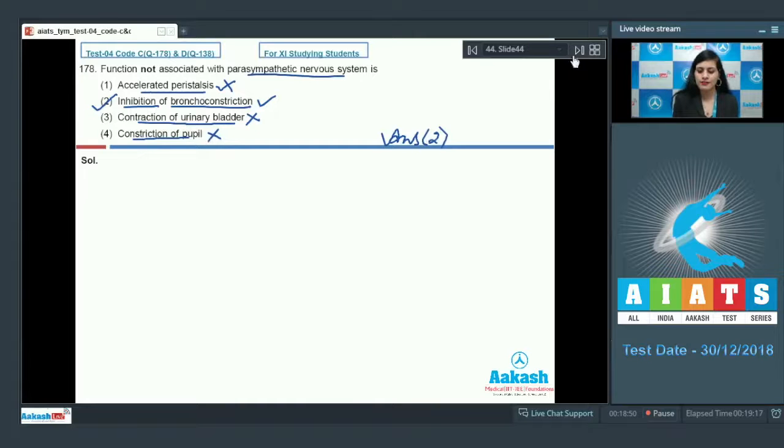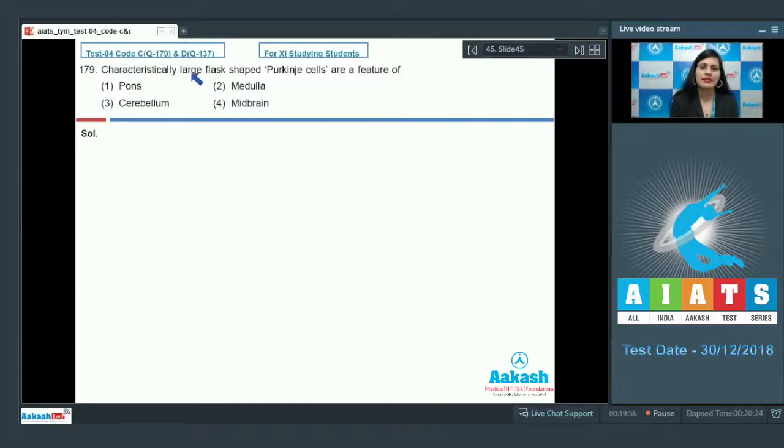Let's discuss our next question. Question number 179. Characteristically, large flask-shaped Purkinje cells are a feature of. These large flask-shaped Purkinje cells are a feature of hindbrain, and in hindbrain also in cerebellum.